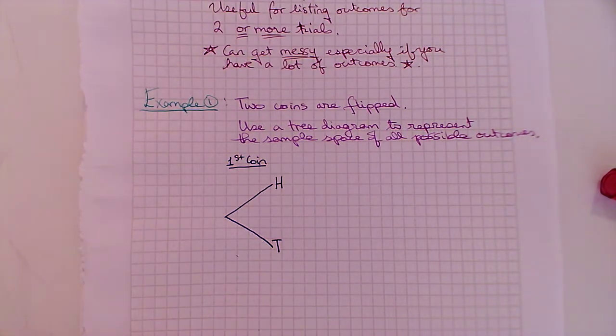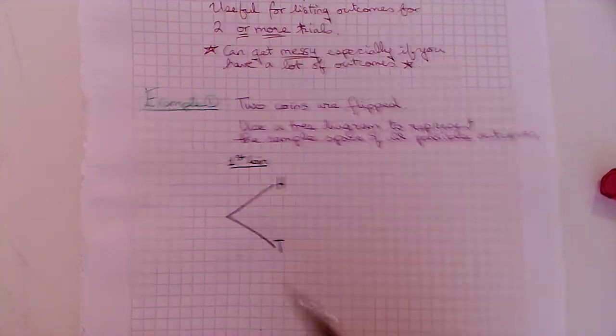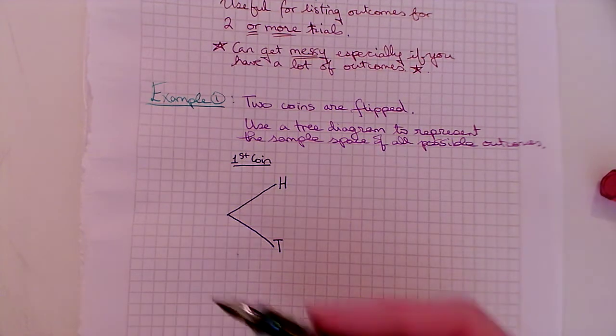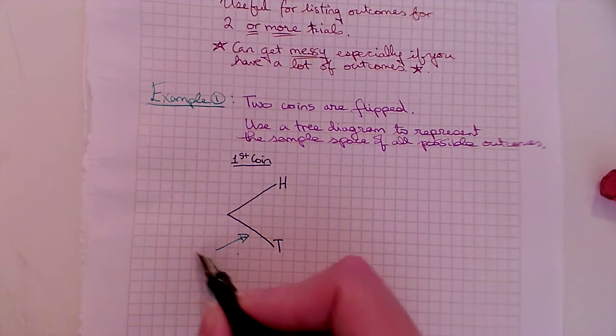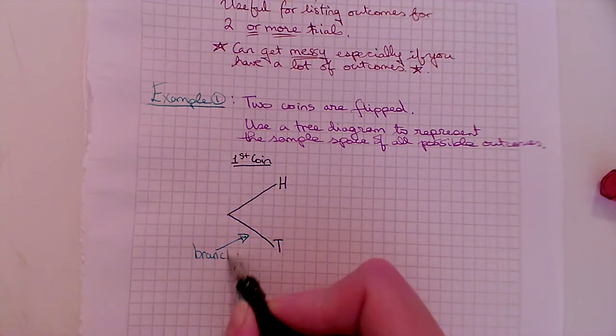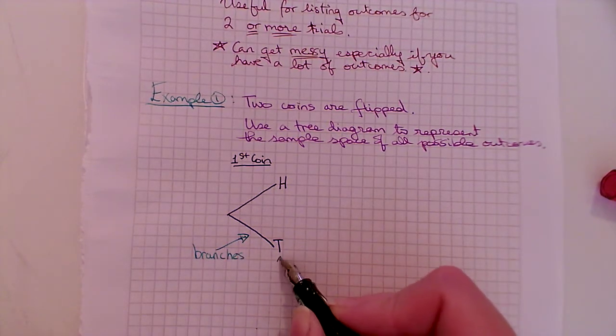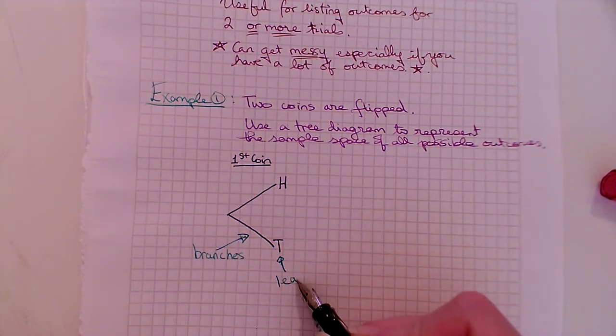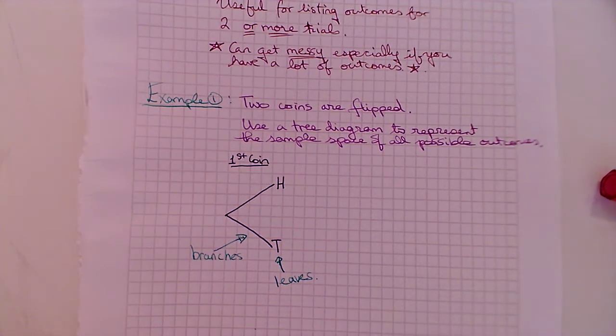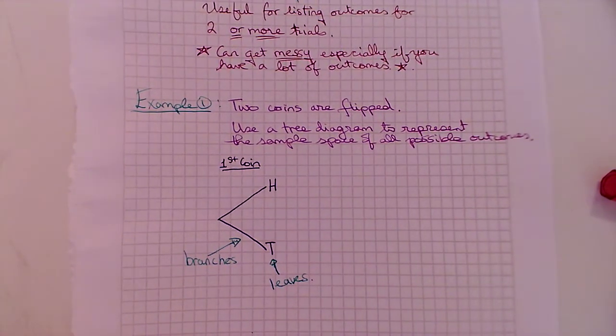We won't include the idea of the coin landing on its side and staying there. These are called branches. And these are called leaves. So my outcomes are leaves, and the number of branches represents the number of outcomes I have.